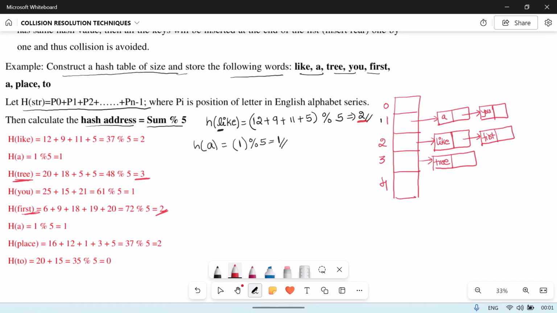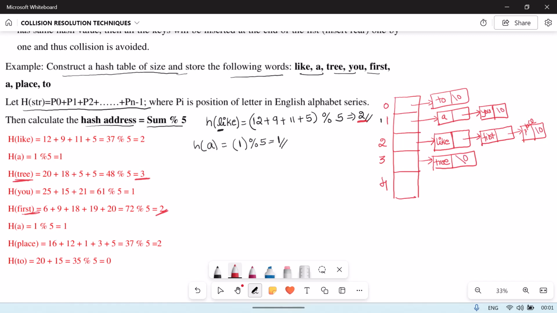Then A is already shown, so we need not do it. Then place is 2, so here it will be place. Then when they end, you show the list empty like this.